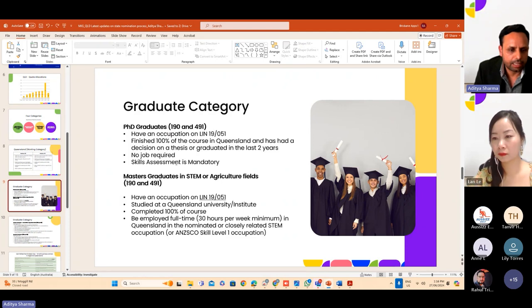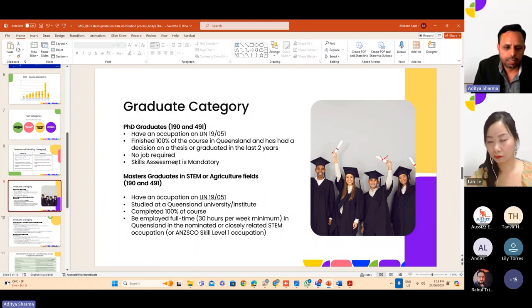The second limb in this category is master's graduate in STEM. If you have completed your education in STEM and agriculture, then you are also eligible for the STEM limb, which means if you are meeting all the other requirements like the skill assessment, competent English and minimum points, then you can go for this category.